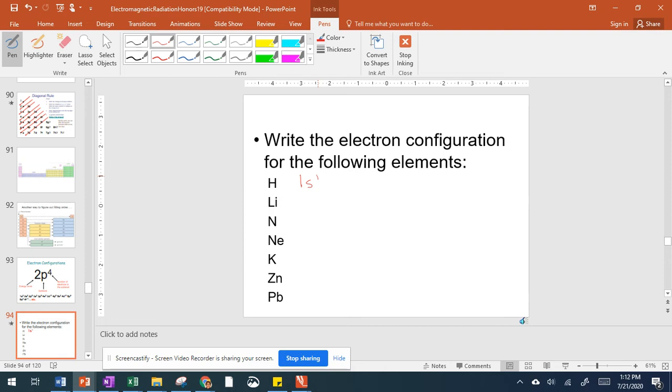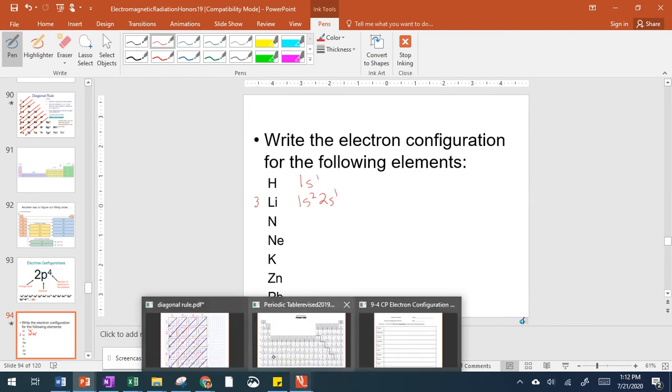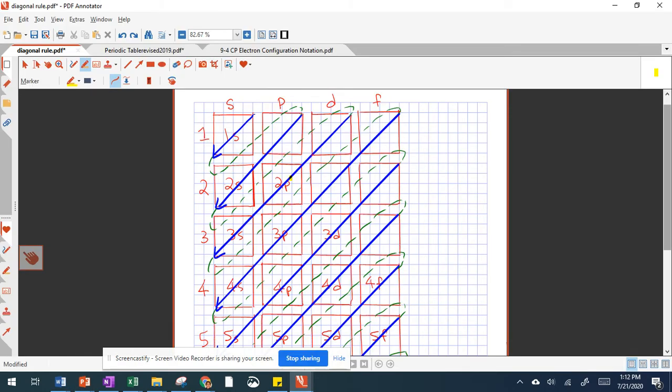If we look at lithium, lithium has an atomic number of 3. So we would write 1s2, 2s1. And if you look, the superscripts add up to 3. And if you also look at our diagonal rule, we're starting with 1s. When that's filled, we go to the next one, which is 2s.